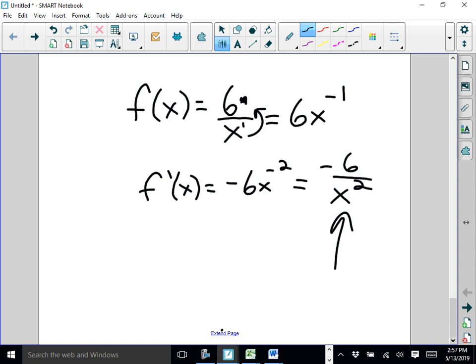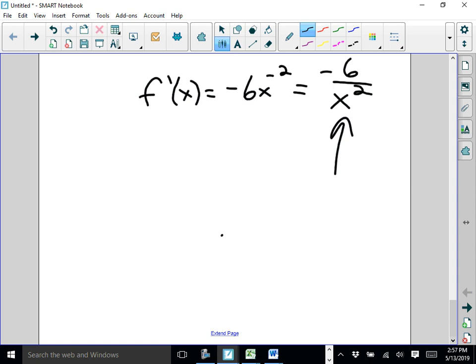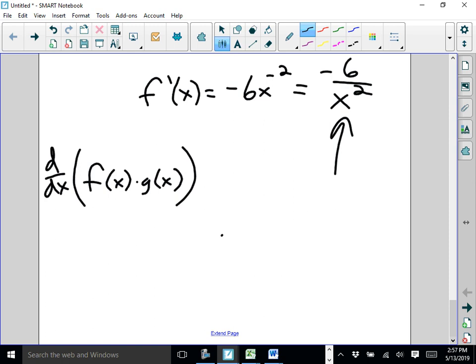Let's talk about product rule, quotient rule, chain rule again really quick. If I have to do the derivative of f of x times g of x, I must do the derivative of the first times the second plus the first times the derivative of the second.